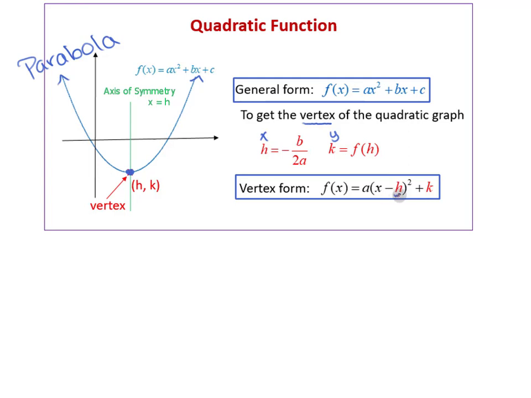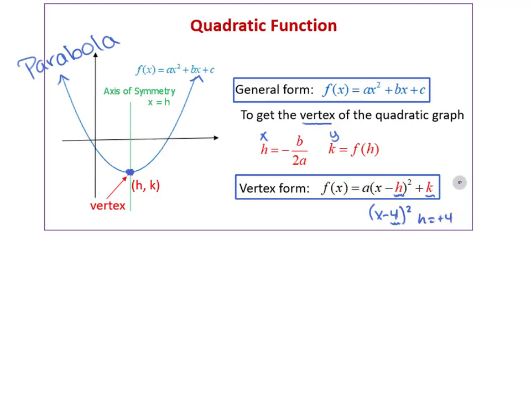The h value is going to give me the x coordinate of the vertex, and k out here gives me the y. Now, one part that can throw some trouble in here is that it is x minus h. So if you see something like x minus 4, let's say in that part, h is actually positive 4. The minus is part of the formula there. So there, h would equal positive 4.